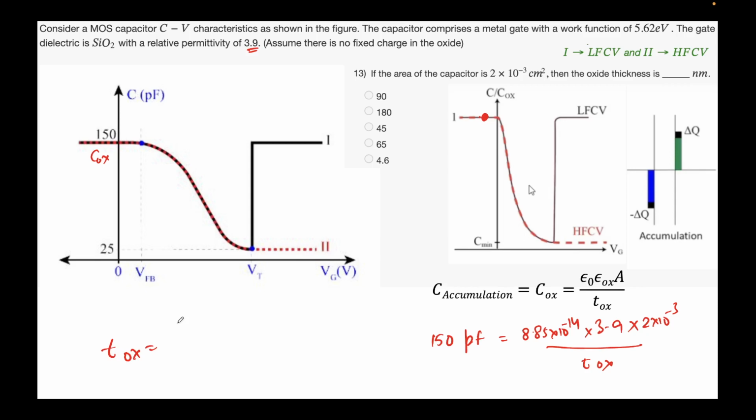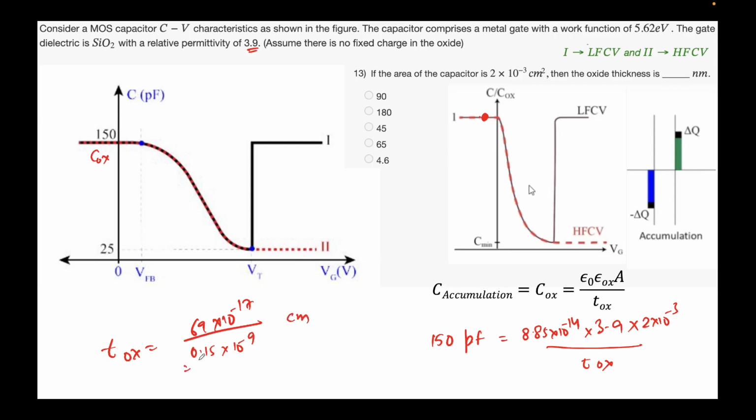So it's 8.85 times 3.9, that's 34, times 2, so that's 69 times 10 to the power minus 17. 69 times 10 to the power minus 17 divided by 0.15 times 10 to the power minus 9 centimeters.